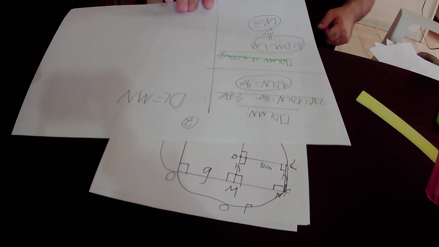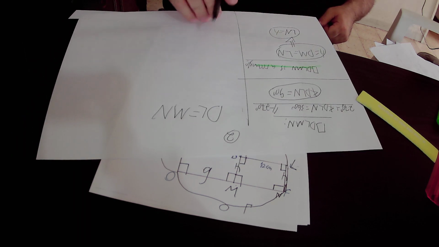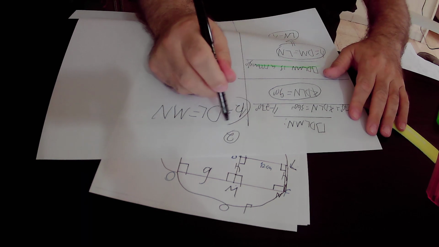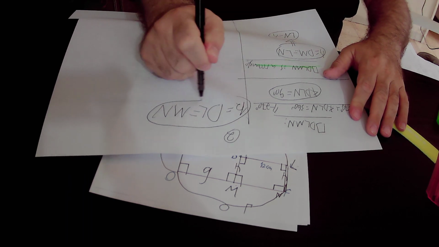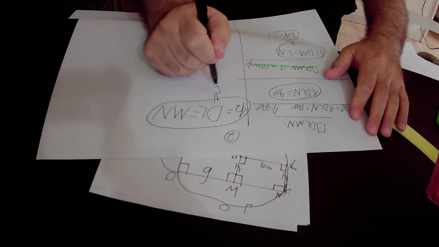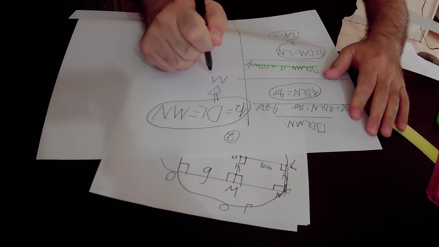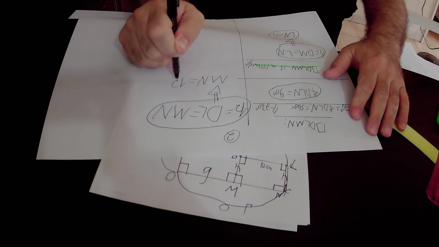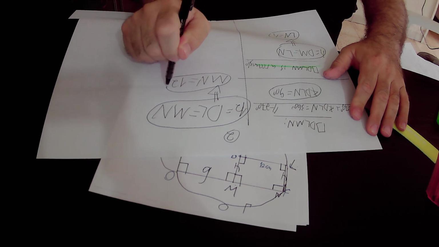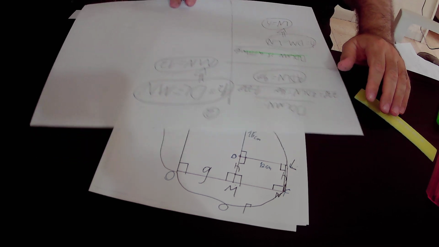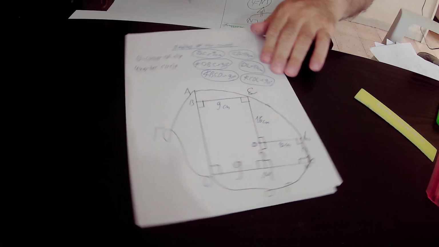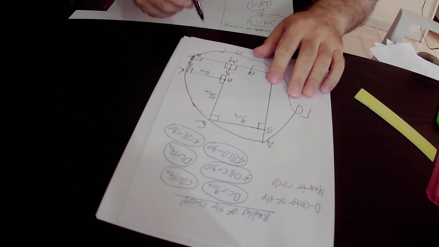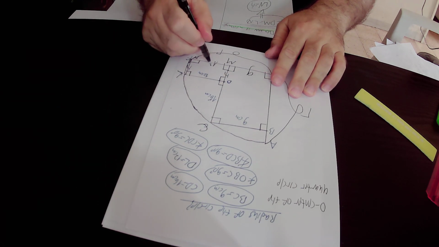But according to what is given, side DL equals 12 units. So we can write here that DL equals 12. And from this equation, 12 equals DL equals MN, we derive that MN is also equal to 12 units.